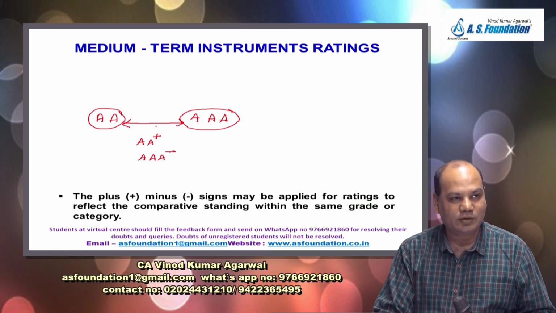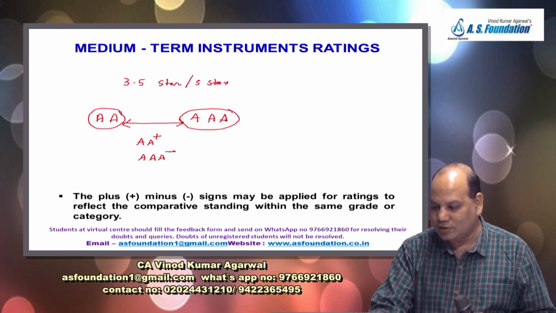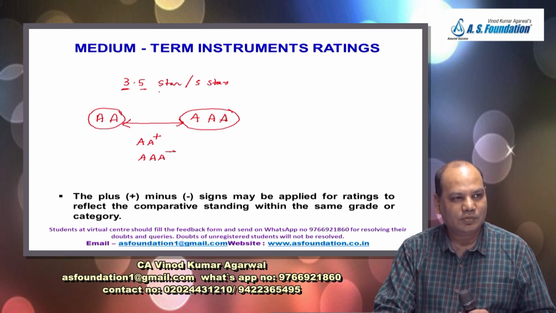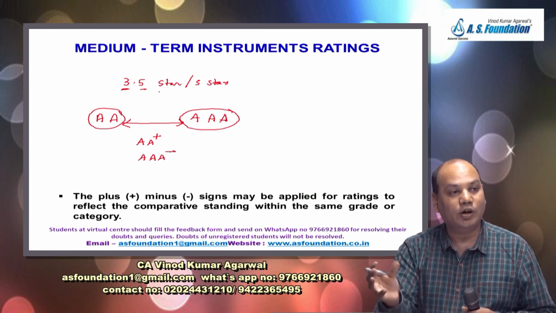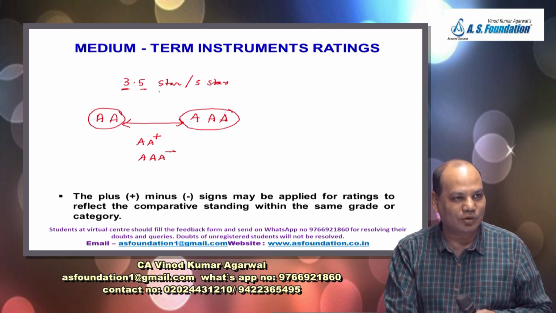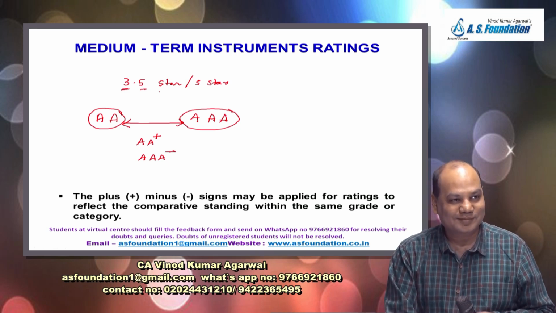Like in a movie rating, 3.5 stars they give to a movie out of 5. So what does it indicate? Between 3 and 4. It is better than good, but not very good. Okay. In movie rating, 3 is good, 4 is very good, but this is more than good but less than very good.